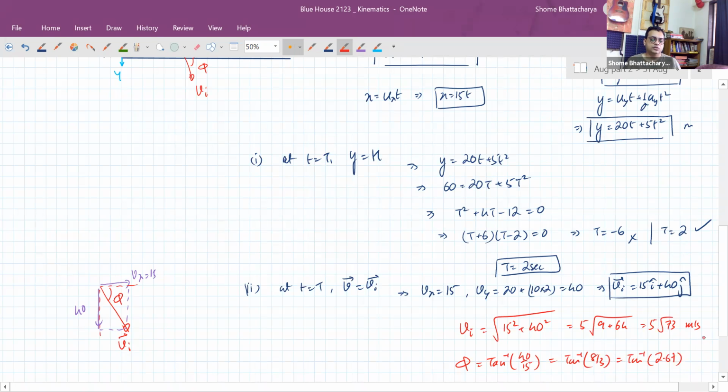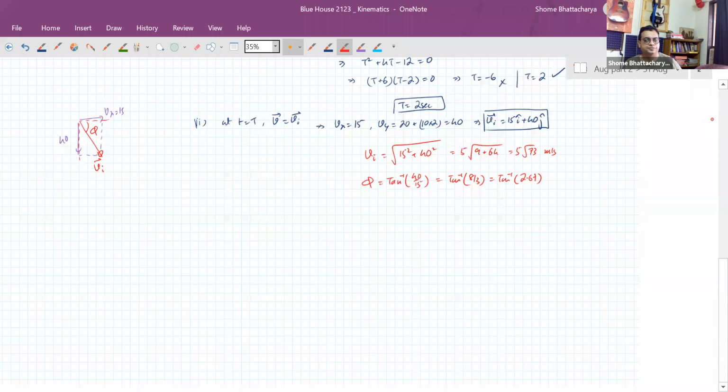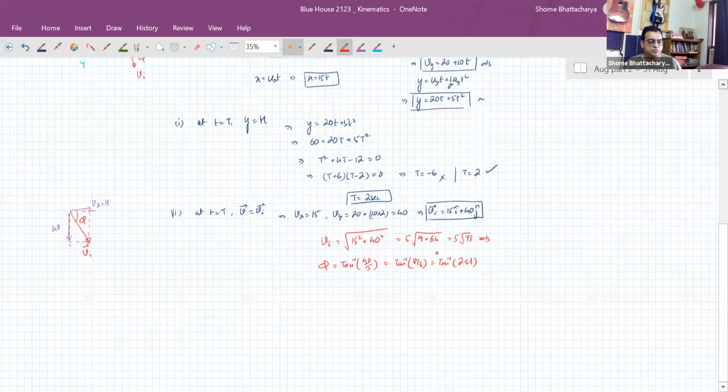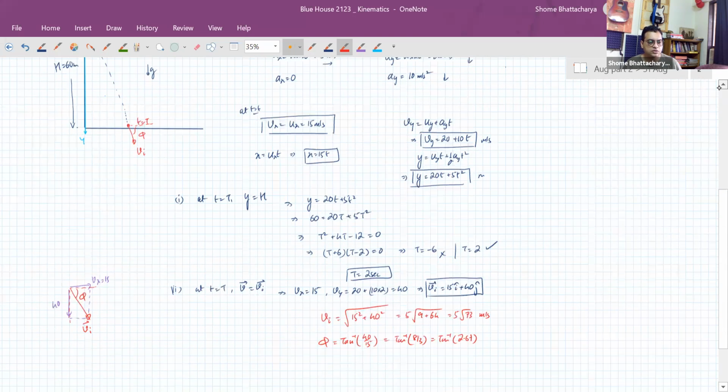So these are the answers we are looking for. We can use a calculator to find this in degrees now, tan inverse of 2.67, but that is not required. We can give the answer this way. So this becomes the answer to all these different parts.